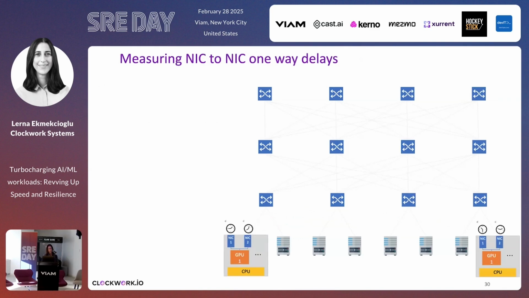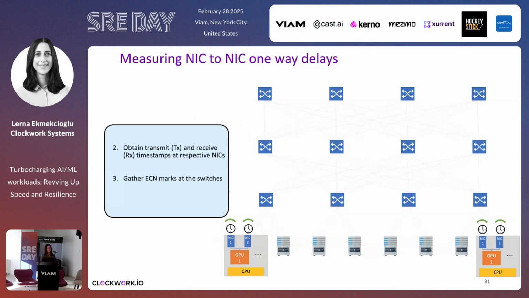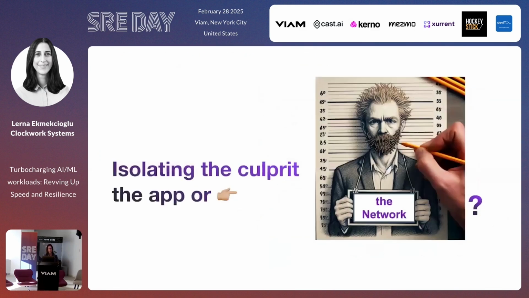To do this, we synchronize the clocks of the NICs and the CPU with a common reference. And after that, we can take a transmit timestamp at the sending NIC. We can take any ECN markings at the switches, and we take a receive timestamp at the receiving NIC. And this way, we can measure the one-way delays accurately for each and every flow, each and every queue pair. In this way, you can isolate: is it the app or the network?